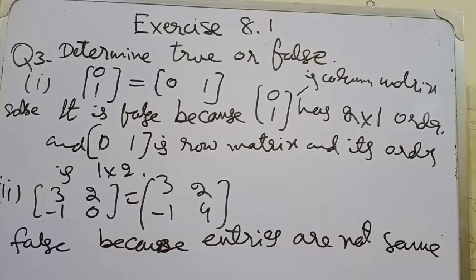We compare all entries. We observe that first, A11 is the same, second same, third same, but fourth is not the same. In the first matrix we have 0 and in the second we have 4.